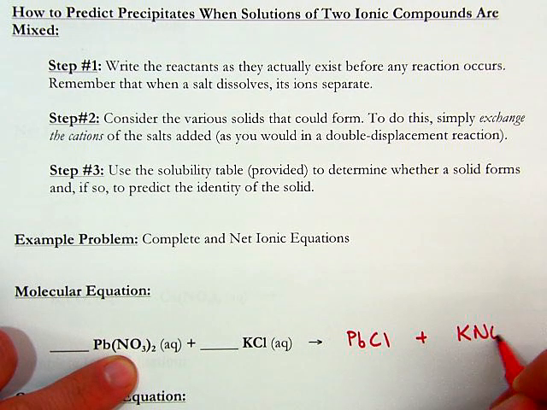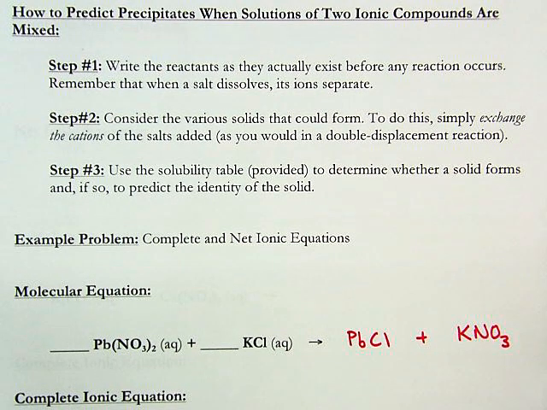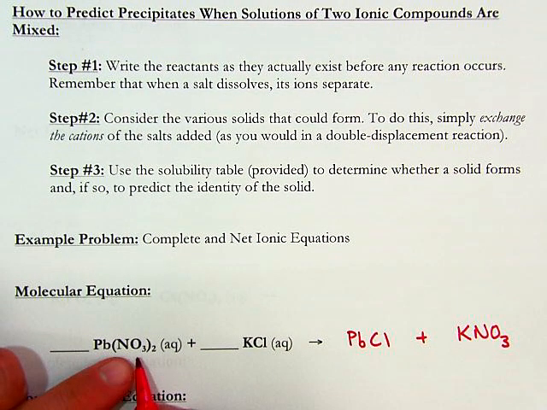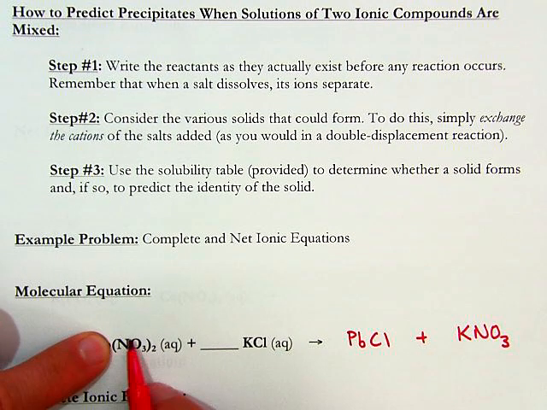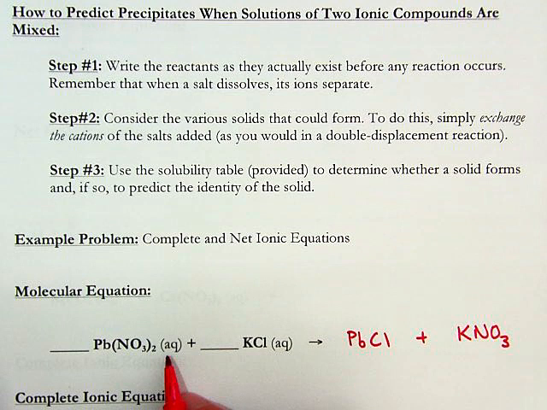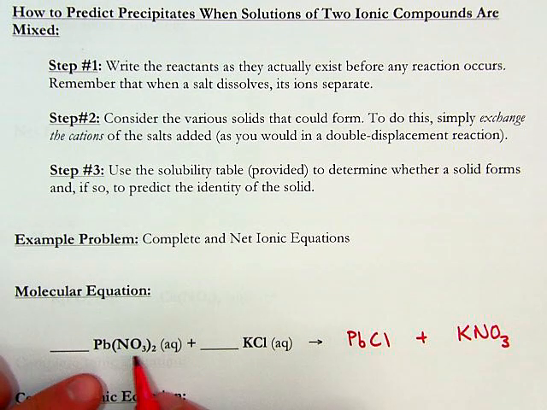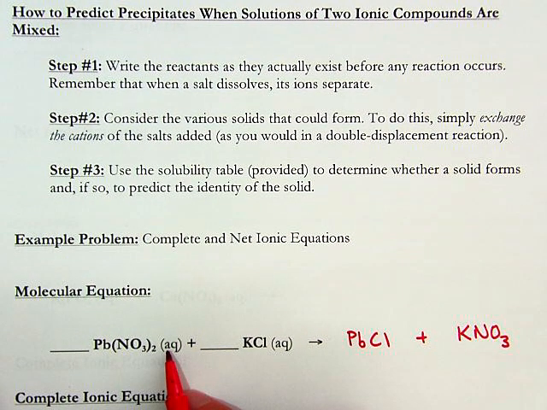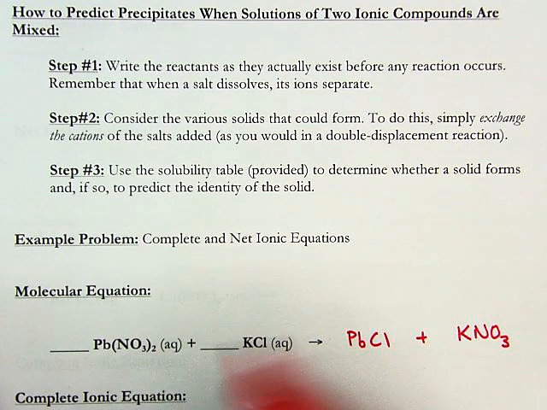Now, here's an important thing. I start by combining just one of each. Now, you see how NO3 is in parentheses with a 2? Sometimes it's tempting for students to just take this whole thing and bring it to the other side. But if this says AQ, that means that this is dissolved in water, and NO3 twice is not floating around.